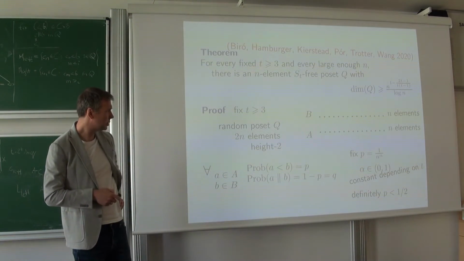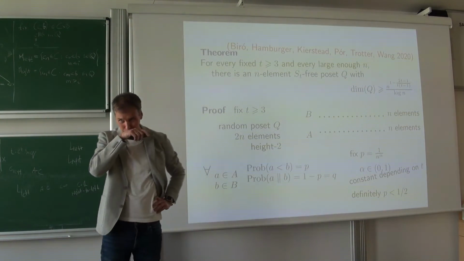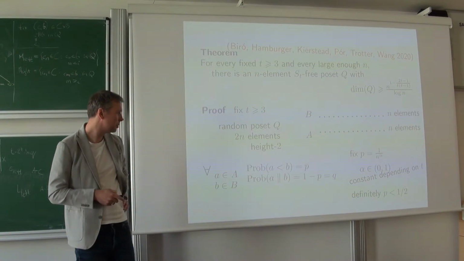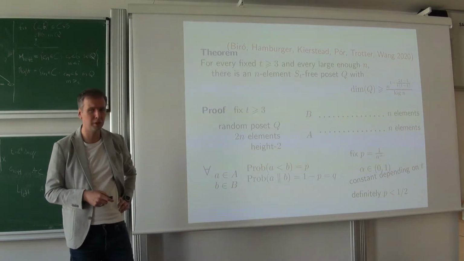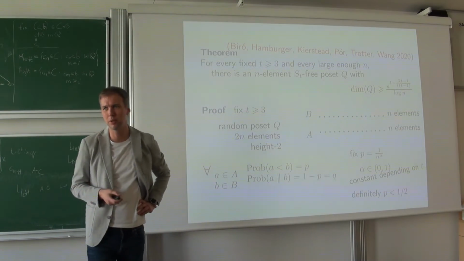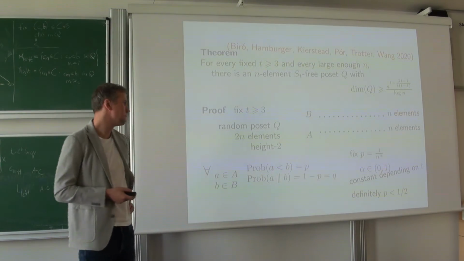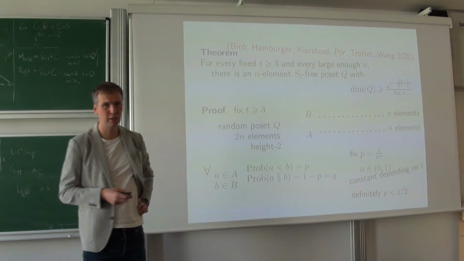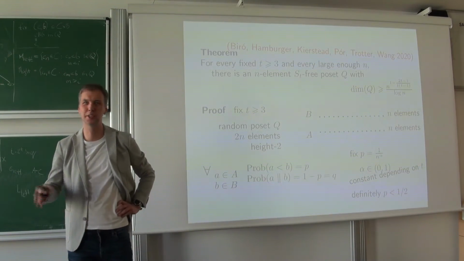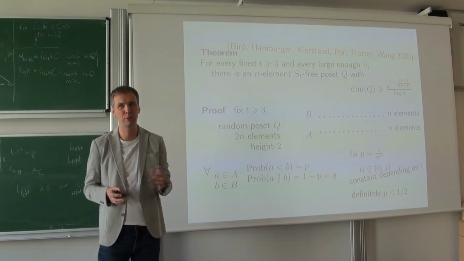And on each possible edge here, there are n squared, we flip a coin independently. So with probability p, we put a comparability. With probability 1 minus p, which we sometimes call q, it's incomparable. Now this p is carefully crafted. I don't want to tell you that now, not because it's so horrible, but I don't want to distract you.